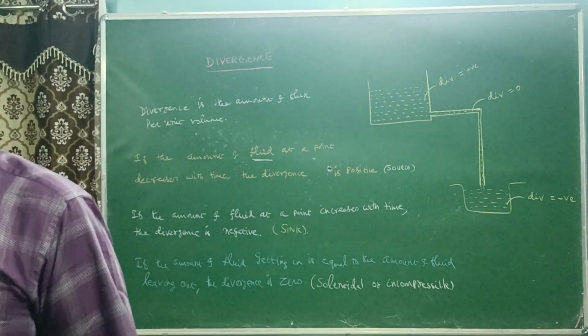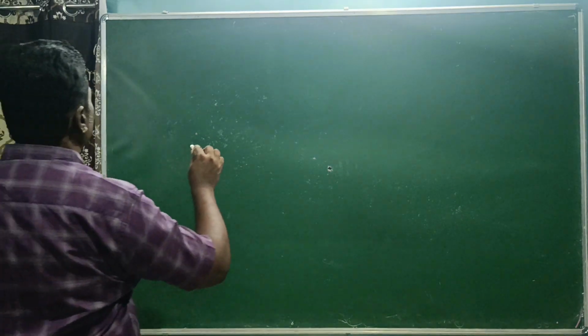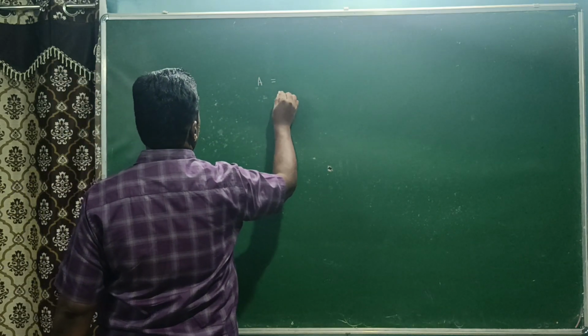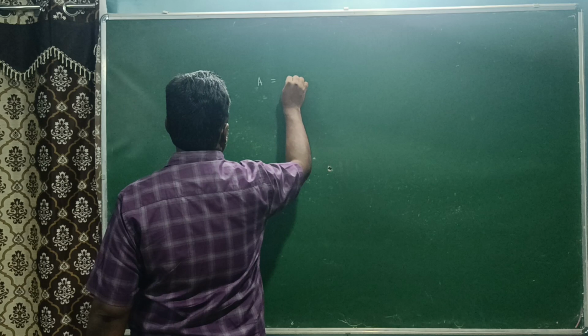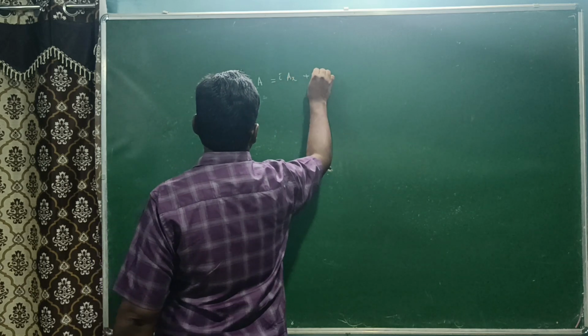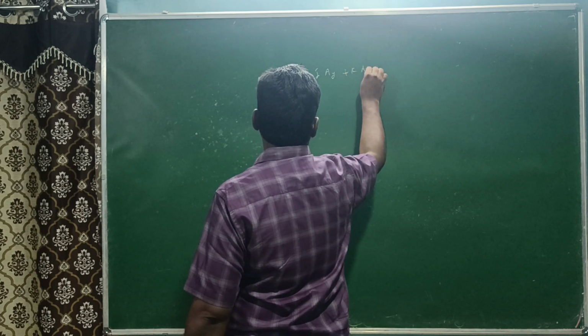Now we'll go to the problem. Suppose a vector A is given to you: A = i Ax + j Ay + k Az.